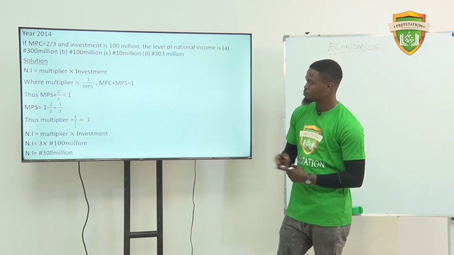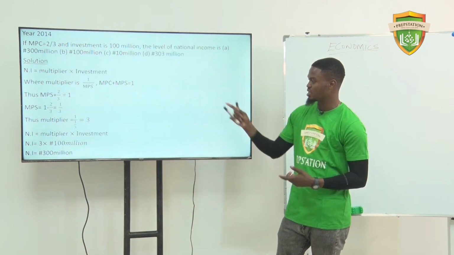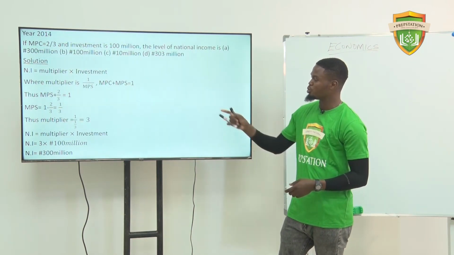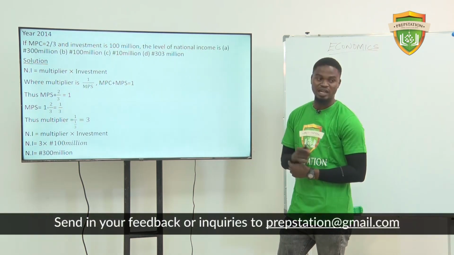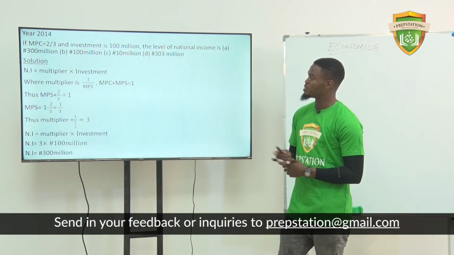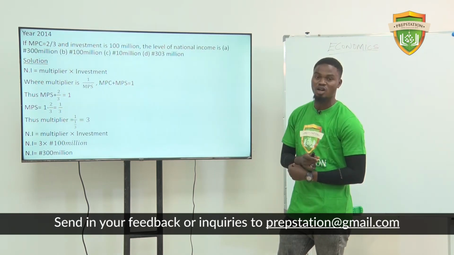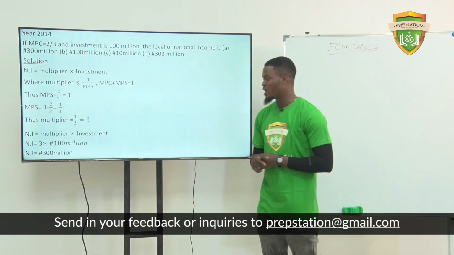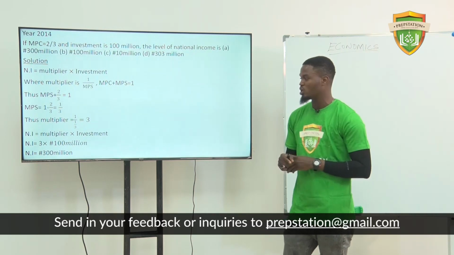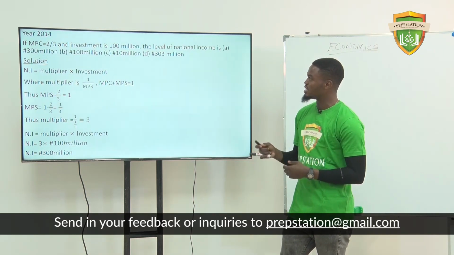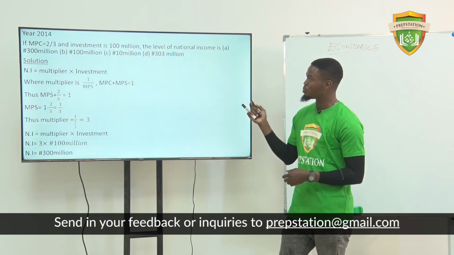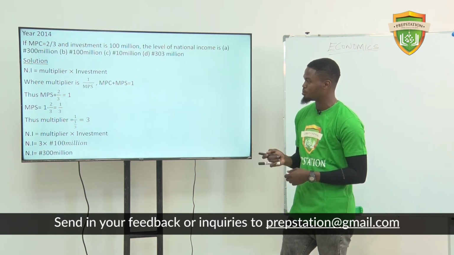So here the multiplier is 3. So what we need to do is input the value of the multiplier as 3 into the formula, which is multiplier times investment, which is 3 multiplied by investment. Our investment is 100 million. So when you multiply, you have 3 times 100 million, which will give you 300 million. So the level of our national income is 300 million. So the appropriate answer to this question is option A.